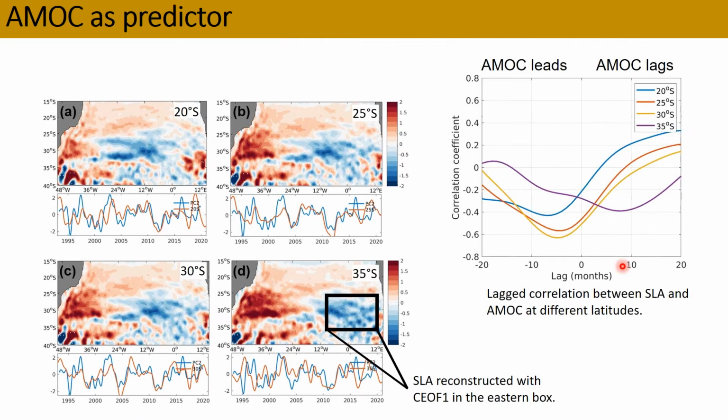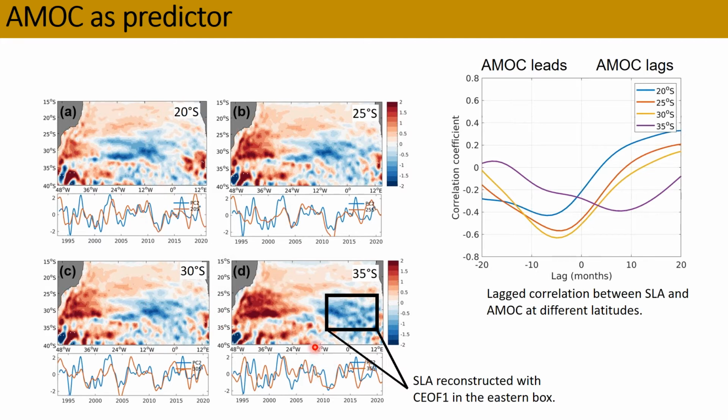And what we see here is a really strong correlation between the AMOC, especially at 30 South, and the loading of this propagating feature. It works for all 4 different latitudes.